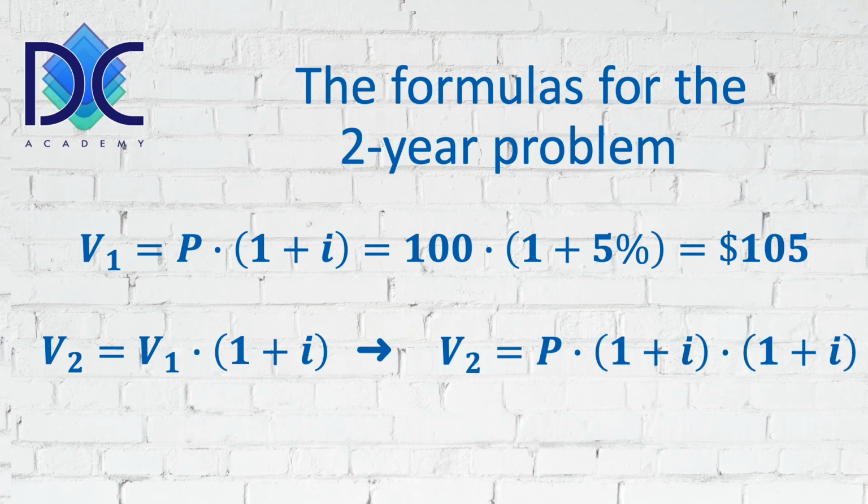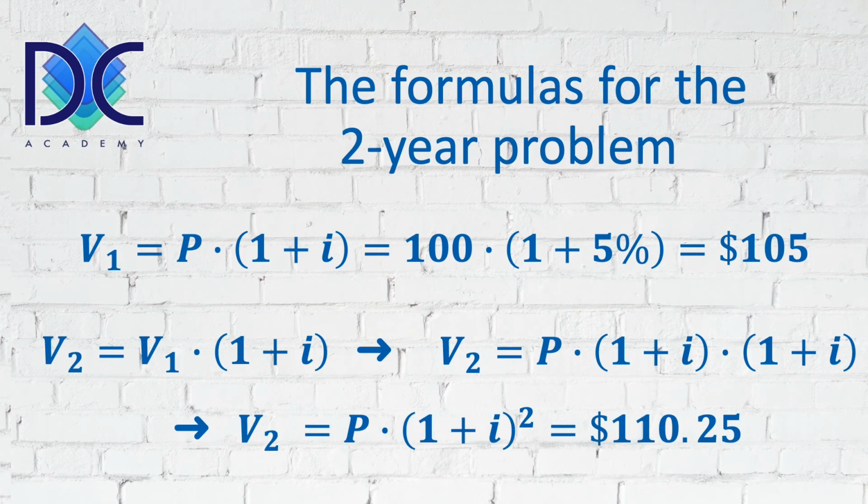And now we see that we have twice 1 plus interest rate in our equation, which gives us that the value after year 2 is the principal multiplied by 1 plus the interest rate to the square, which in our case adds up to $110.25.